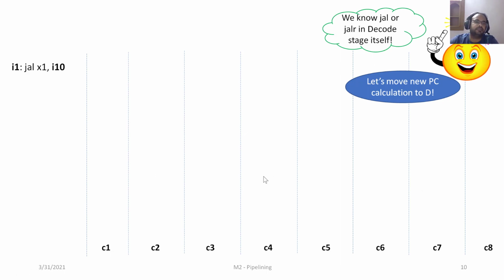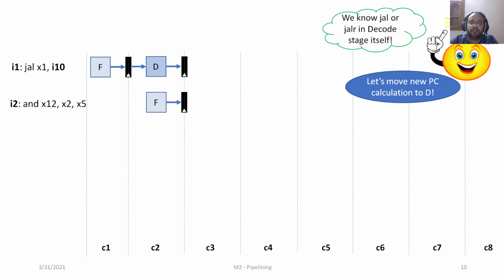So again, with that in mind, let's look at the timeline. What happens? In the very first cycle, I1 will be fetched, decoded in cycle 2. That's when we will know it is JL also, right? And in the meantime, we go ahead and fetch I2. But right after the second cycle, we will know that it's a JL instruction, and we would have computed where to jump to. I1 will progress to the execute stage.